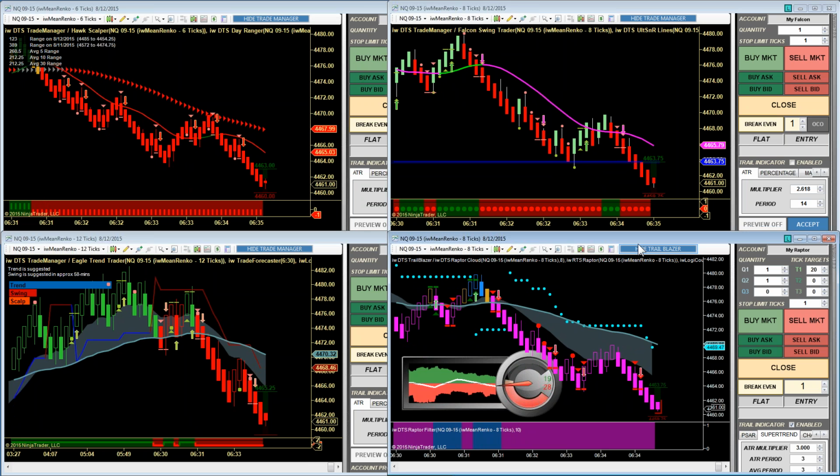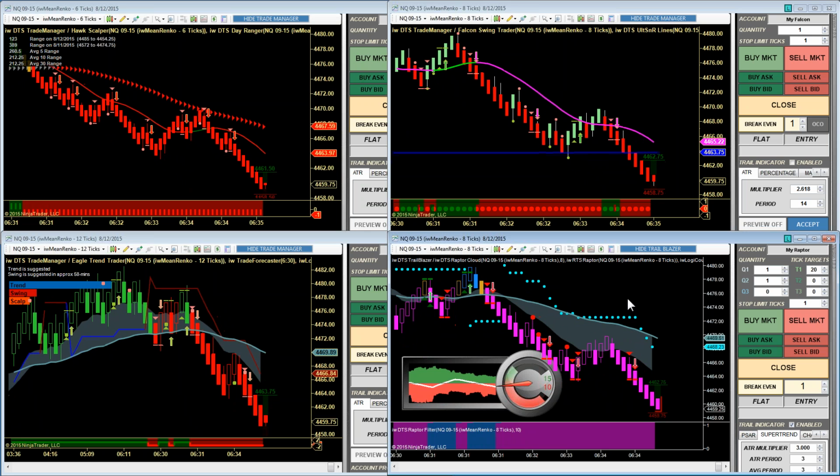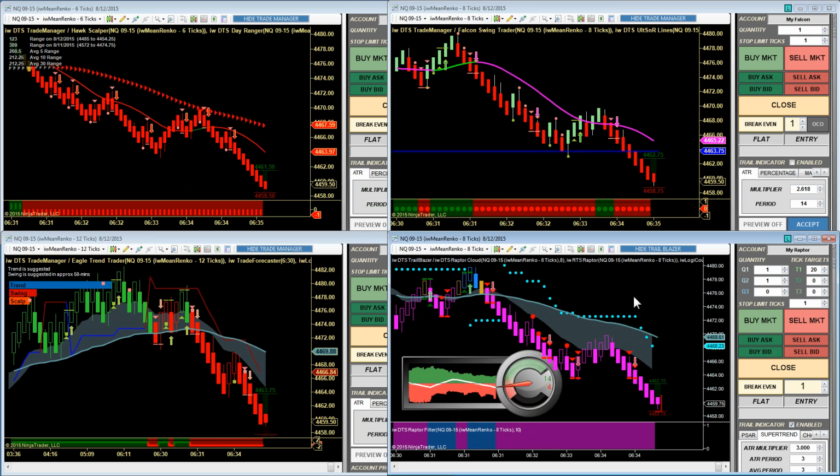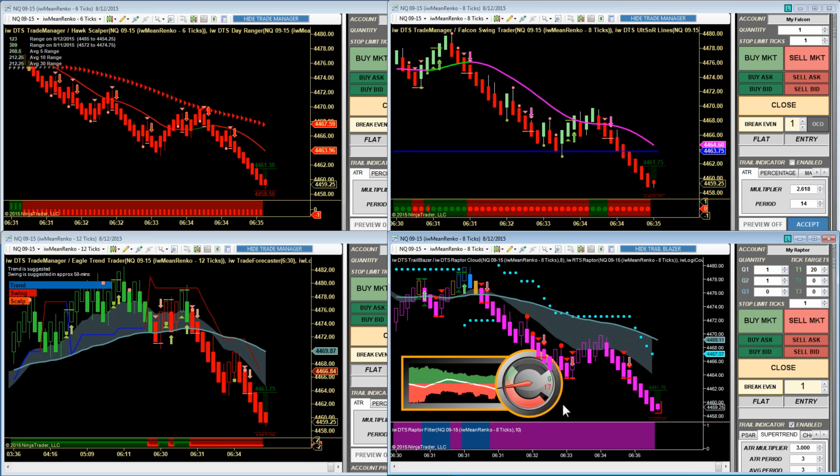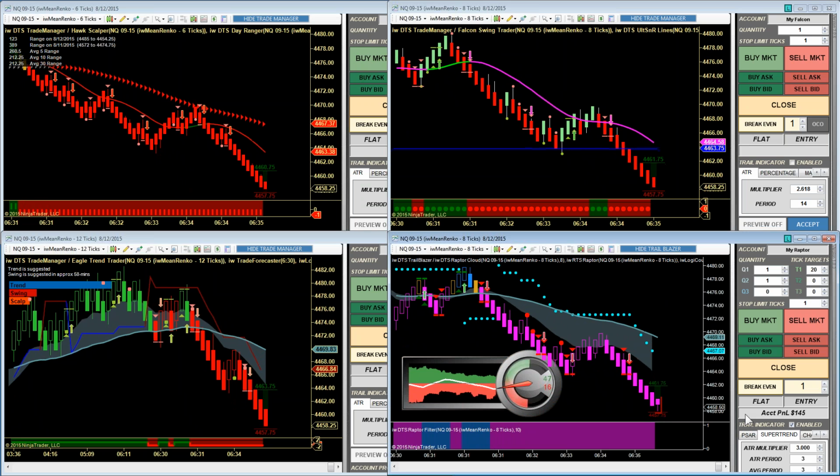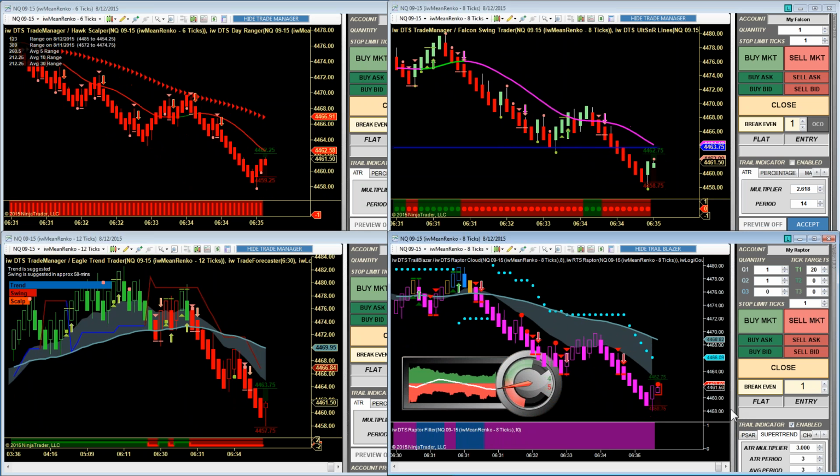It just becomes a matter of getting enough size in order to really make some serious money. But even trading singles, like we just did here, our trade worked out to $145, which on a single we had a $100 target and the runner picked up another 45.